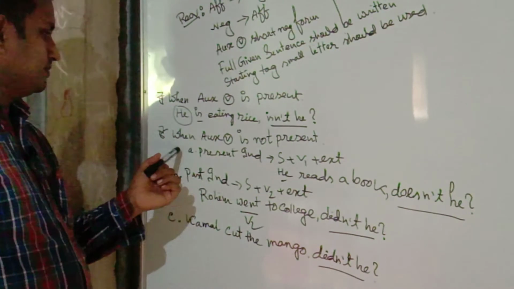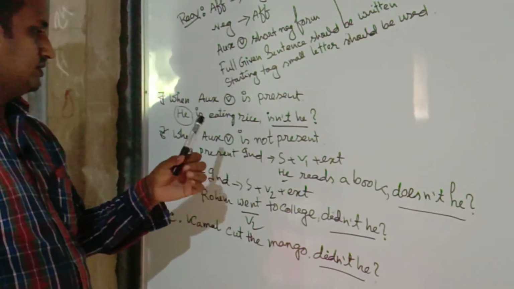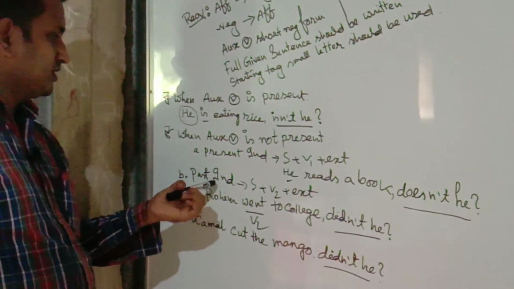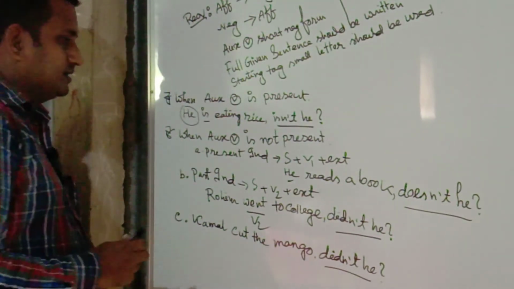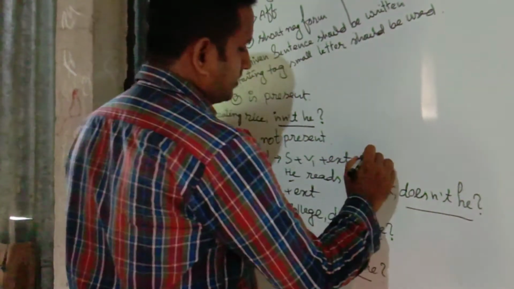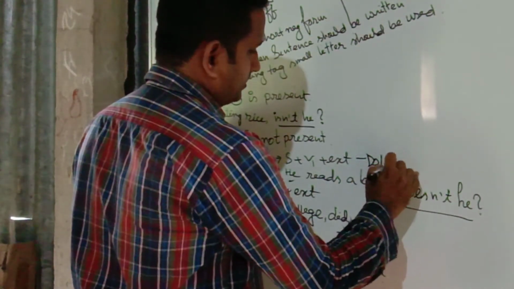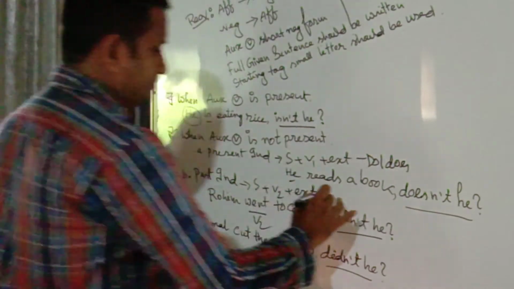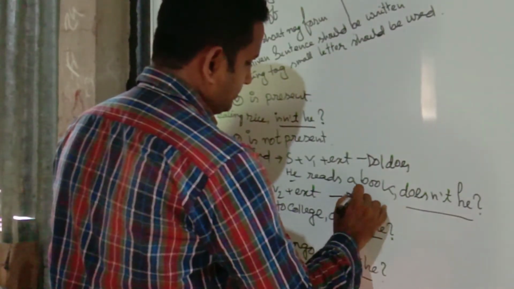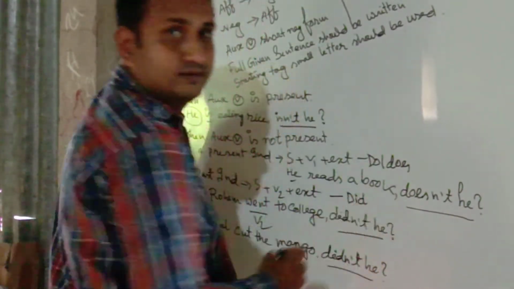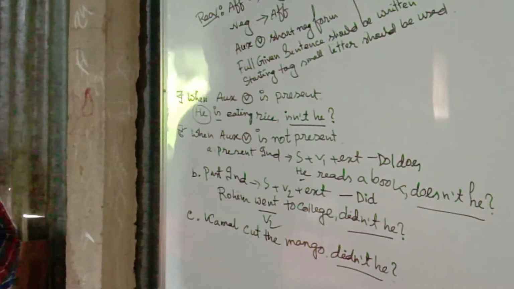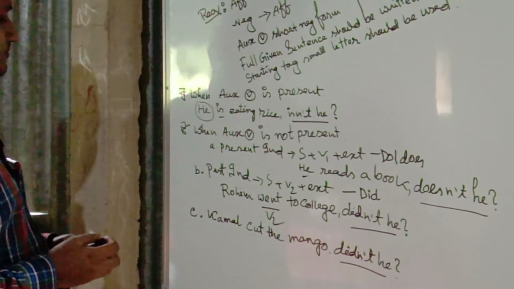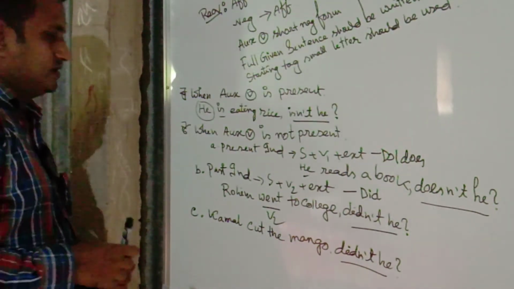When an auxiliary verb is not present, there are two sections. The first one is called present indefinite tense and the second one is called past indefinite tense. During present indefinite tense we have to bring do or does. During past indefinite tense we have to always bring did.